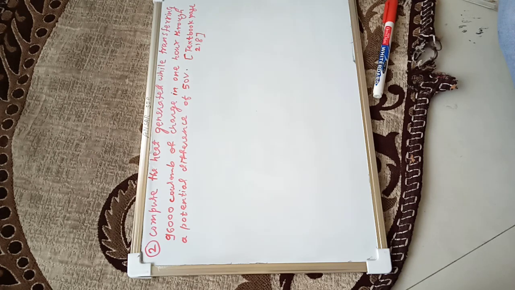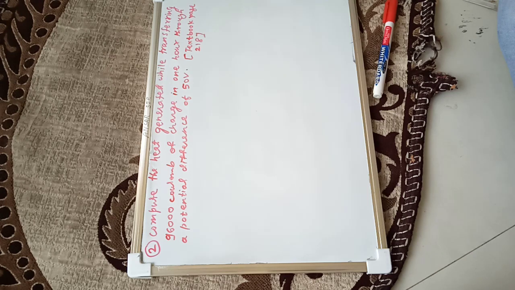So what is the law? H is equal to I square RT. Since the resistance of the nichrome wire is very high, the heat produced also is very high and it gets heated.